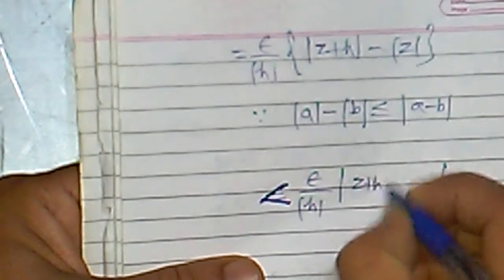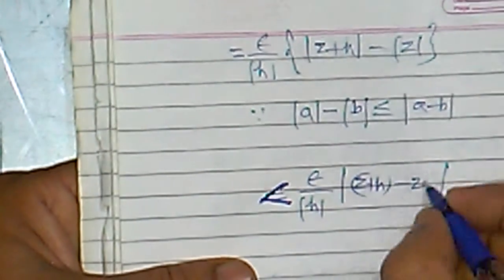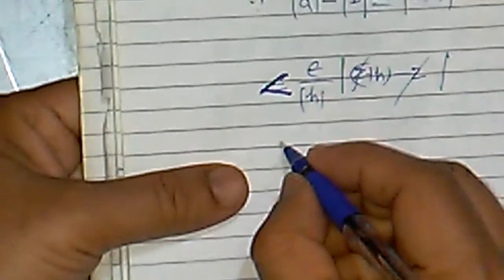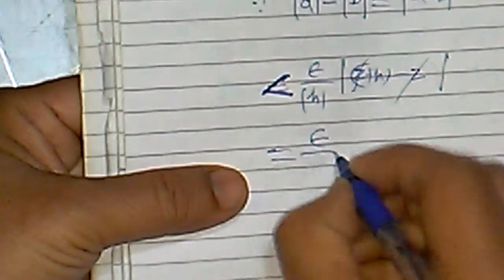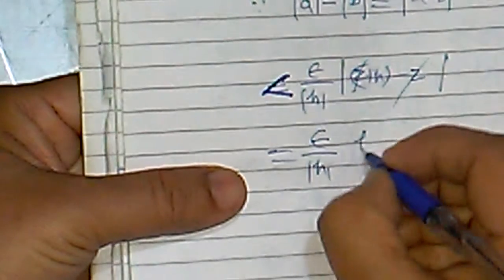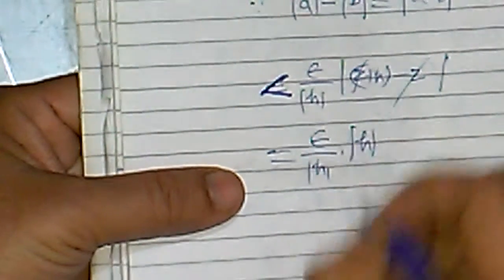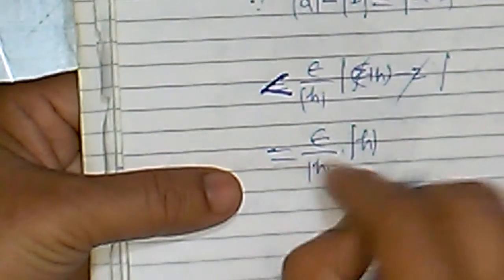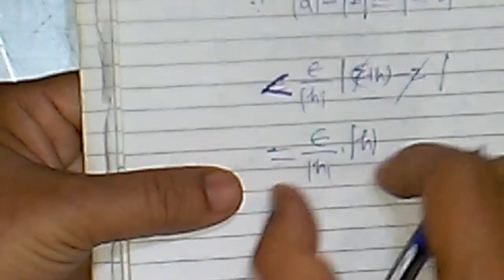So z plus h minus z, and z and z cancel out. Only modulus of h is left here, and I use the equal sign to indicate that only this value is equal to this, not that the left hand side is equal to this.